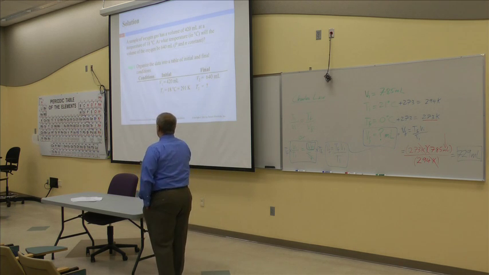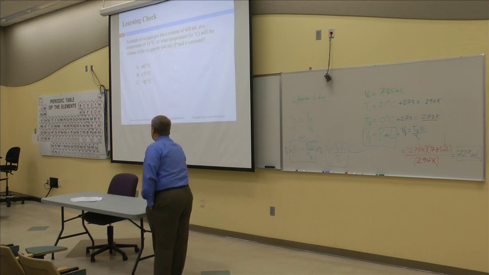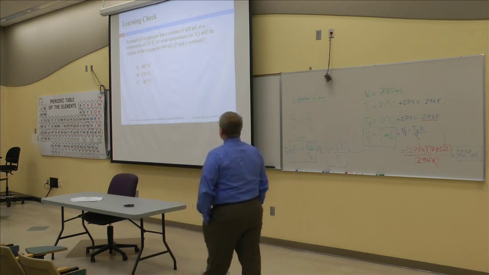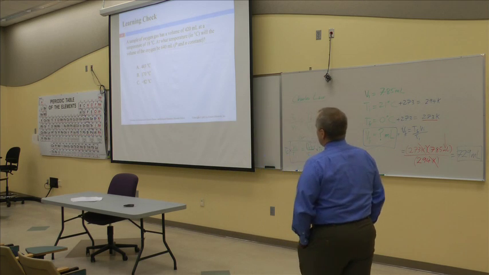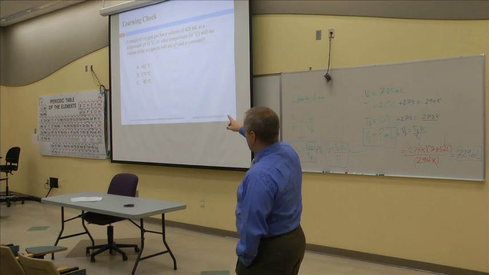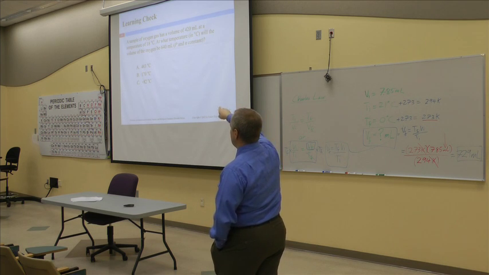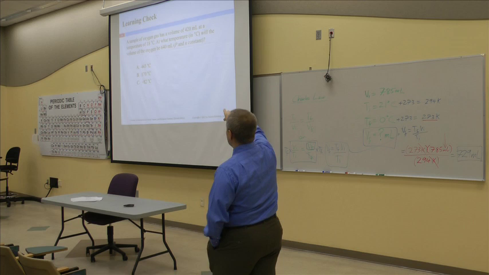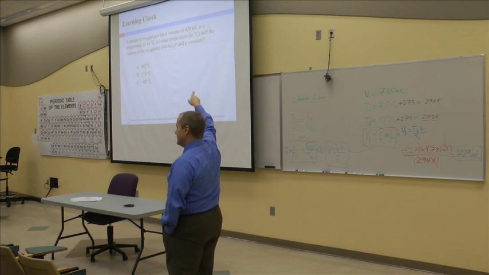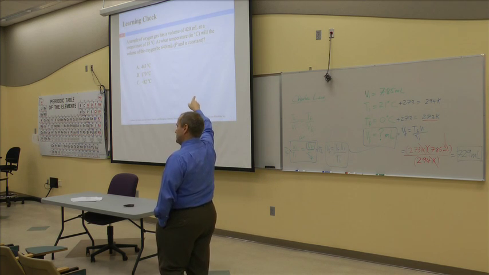Try this one. Now, be mindful of this question. A sample of oxygen gas has a volume of 420 milliliters at a temperature of 18 degrees Celsius. At what temperature in degrees Celsius?